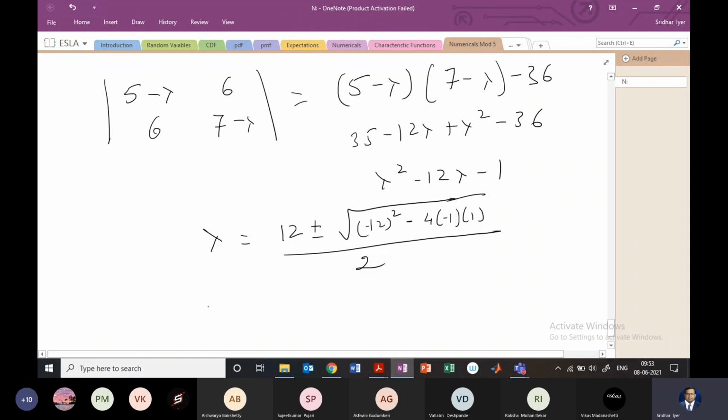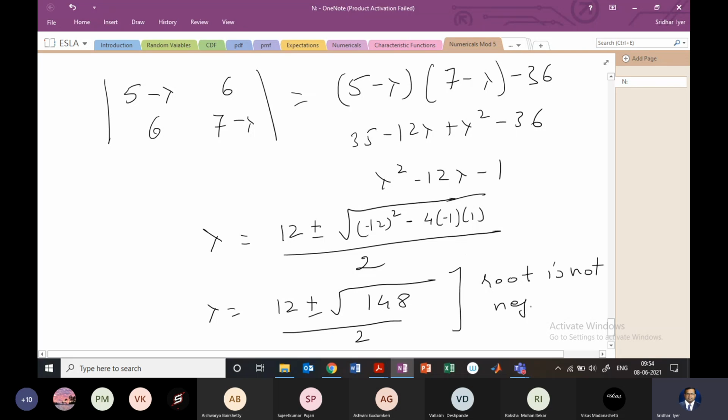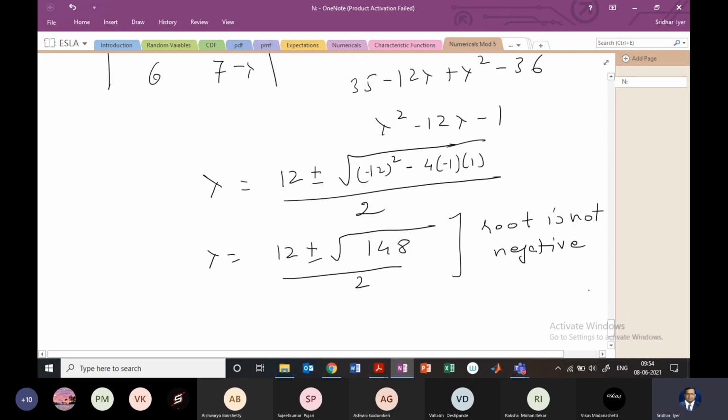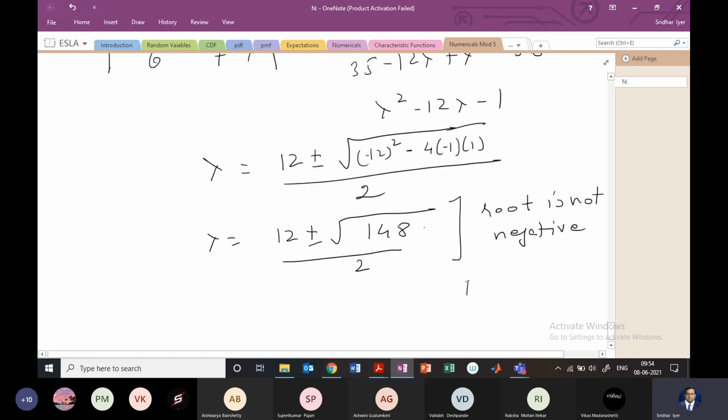So the lambda that we'll get is 12 plus or minus root of 144, 12 square, plus 4, so this will be 148, divided by 2. Now from here we can say that the root is negative, and therefore it is not positive definite.